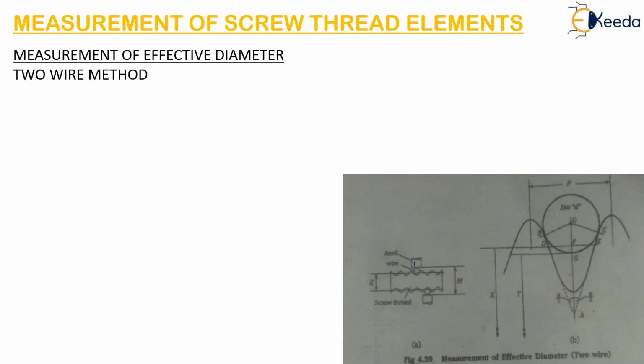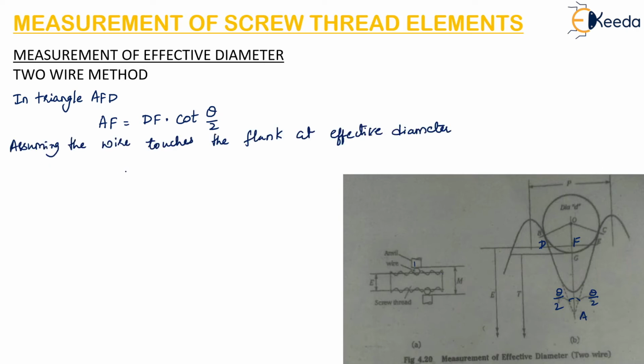Now in the triangle AFD, here there is A, this is F and this is D. AF can be written as DF into cot of theta by 2. By assuming that the wire touches the flank exactly at the effective diameter, we can write AF is equal to P by 4 into cot of theta by 2.